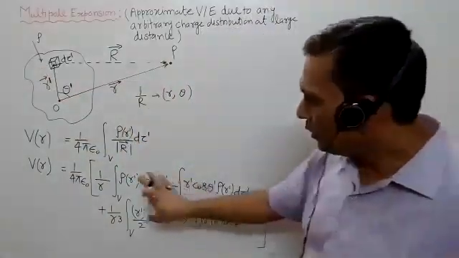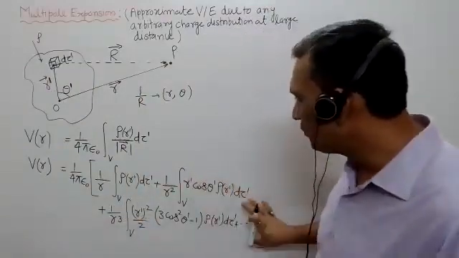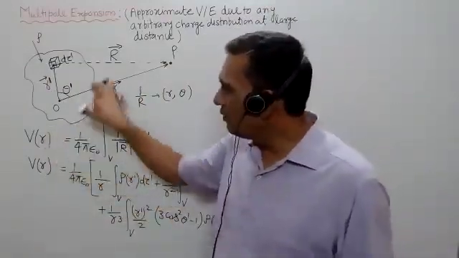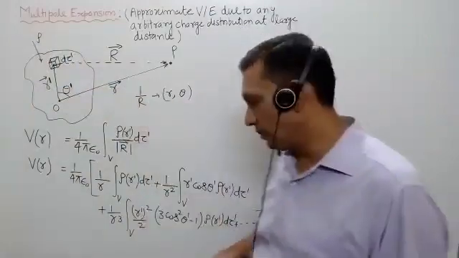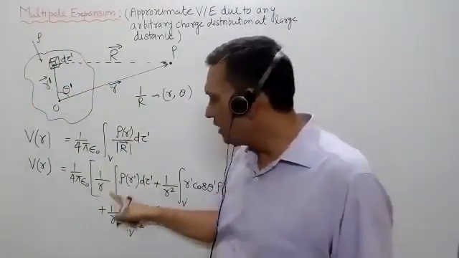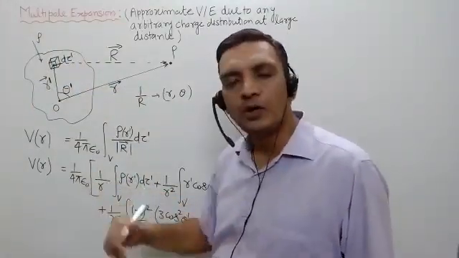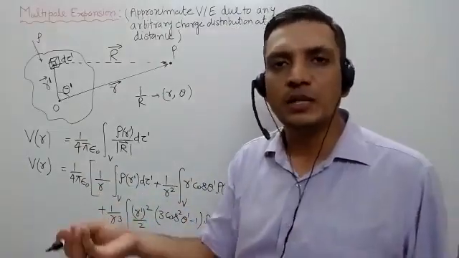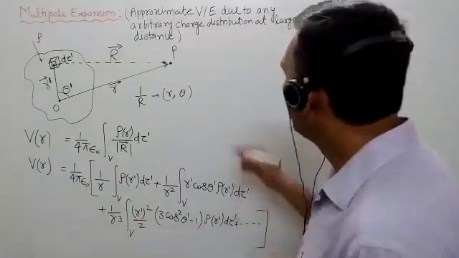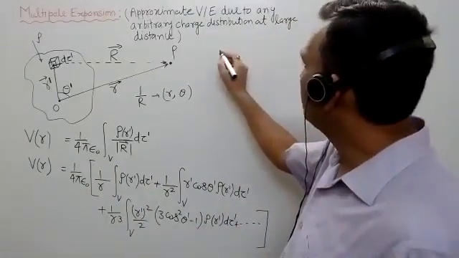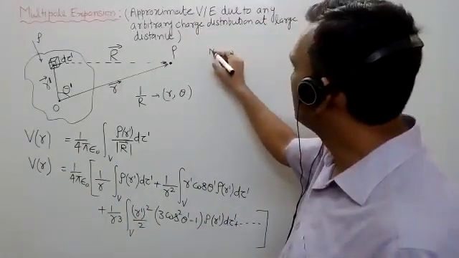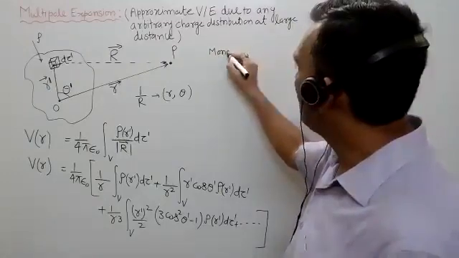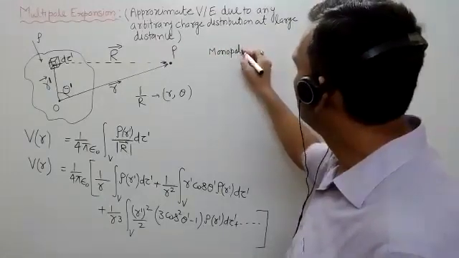Is it clear? So you will get infinite number of terms if you have any arbitrary charge distribution. This first term represents the monopole, because you know in a discrete charge, if you have a single charge, potential is inversely proportional to r. So in multipole expansion, we have different terms. First term we'll call monopole.